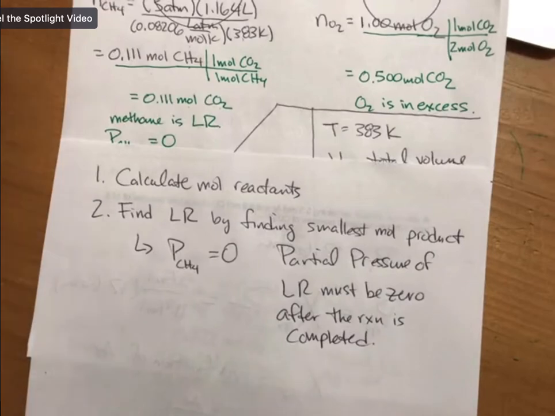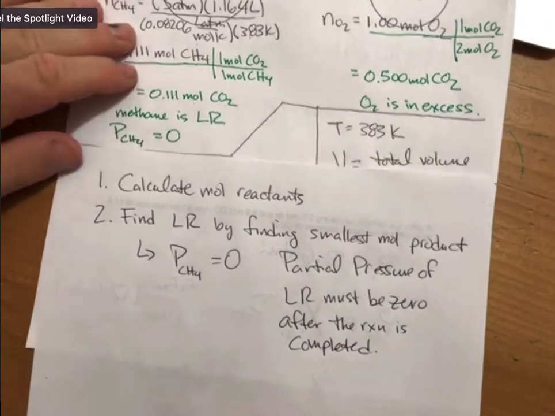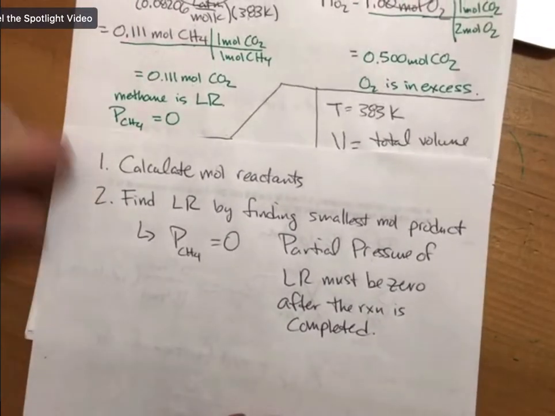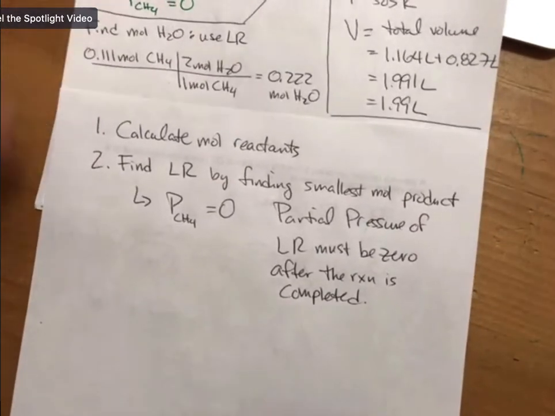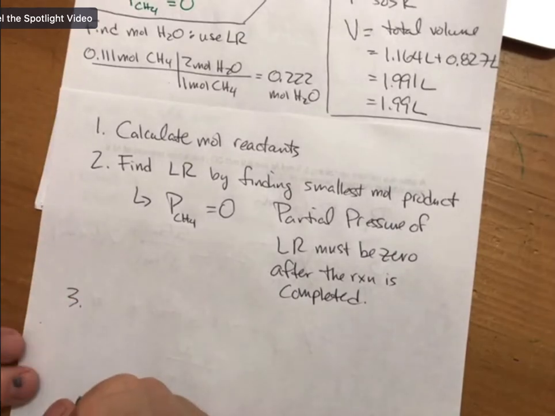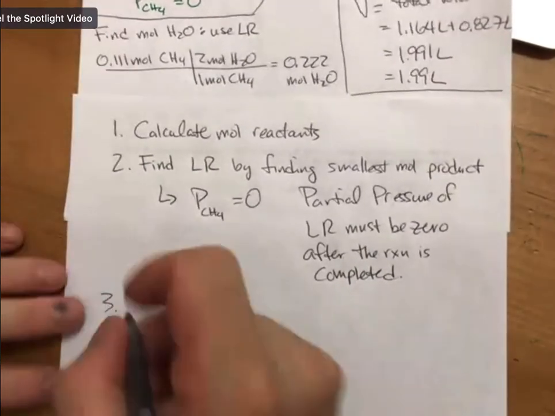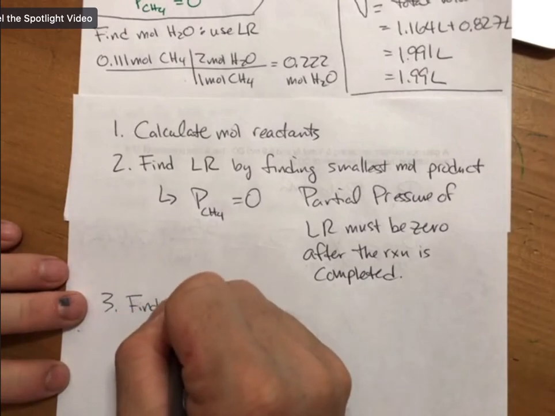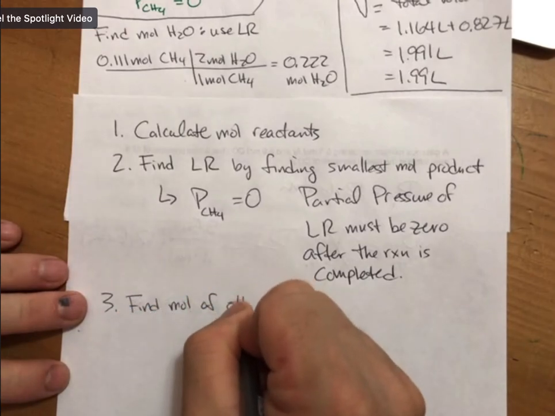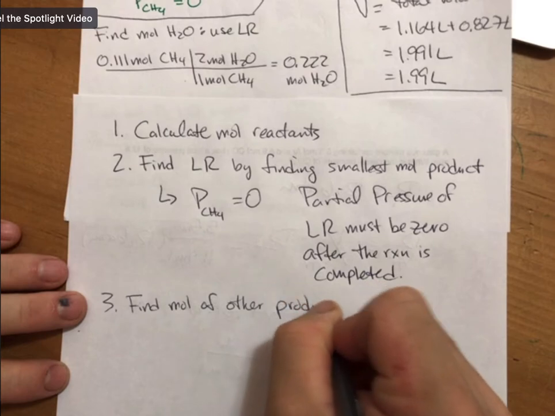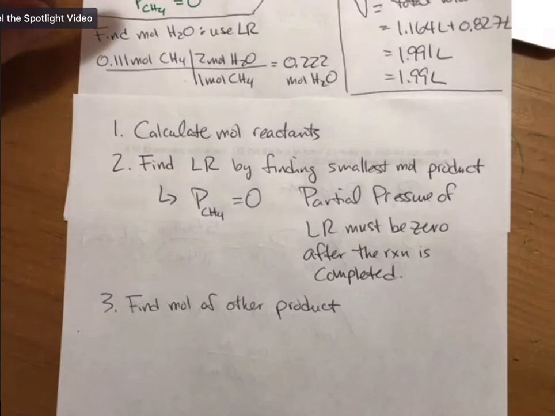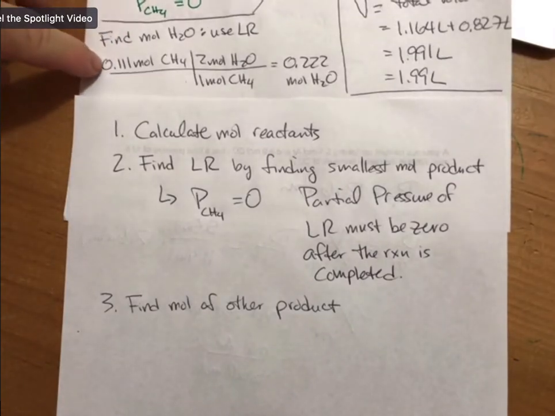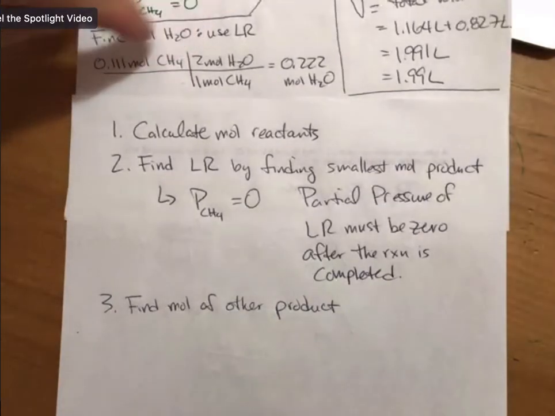Like so. And then once we knew our limiting reactant, we had to find the moles of the other product. That's right here with H2O. Whenever you find the moles of the products, you have to use the limiting reactant.